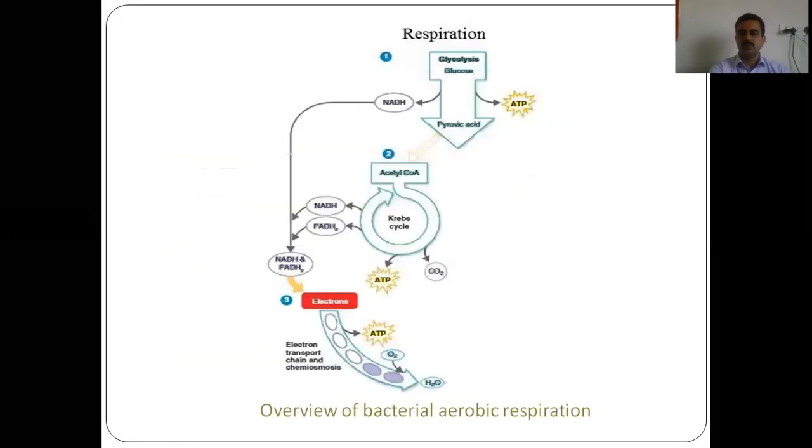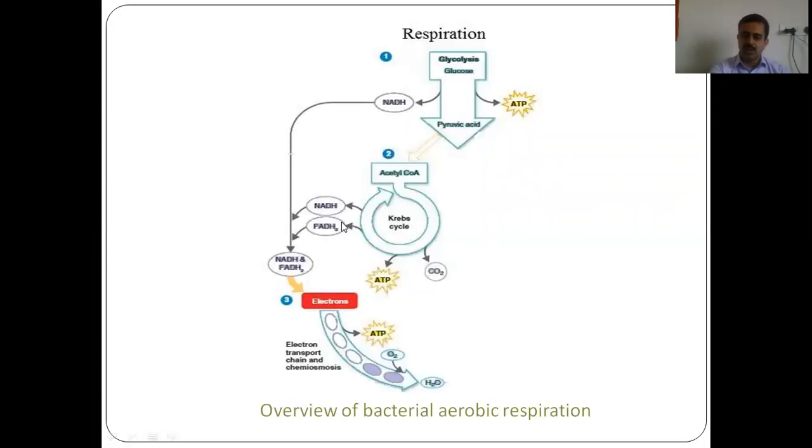See here, from glycolysis to pyruvic acid, NADH and ATP molecules are being generated. Pyruvic acid gets converted to acetyl coenzyme A. It runs into the Krebs cycle where CO2 is released and another ATP molecule is generated.